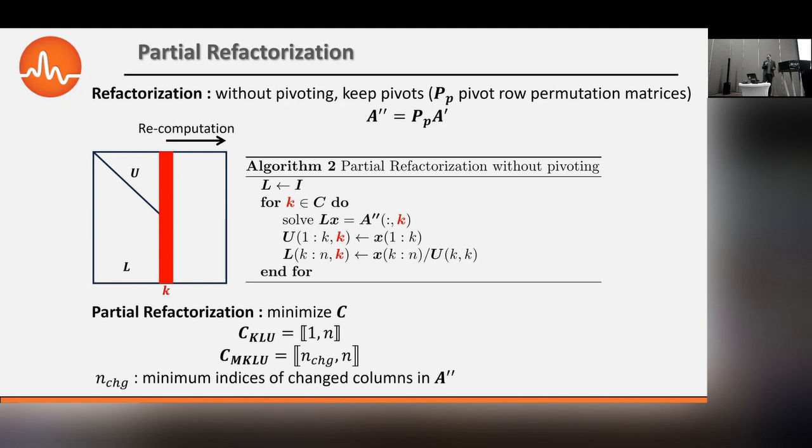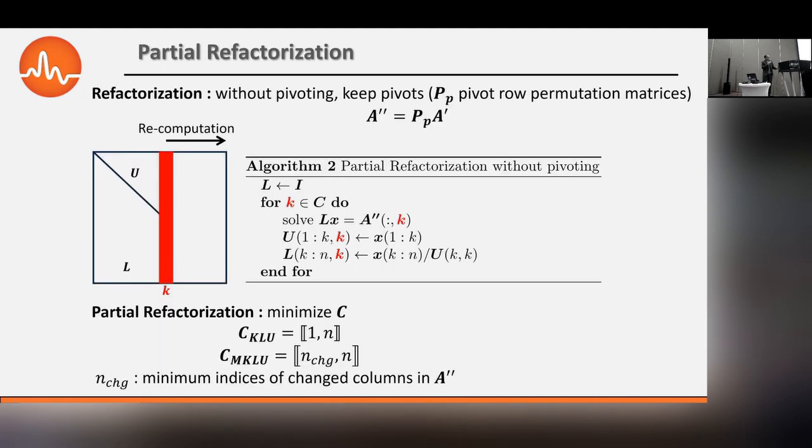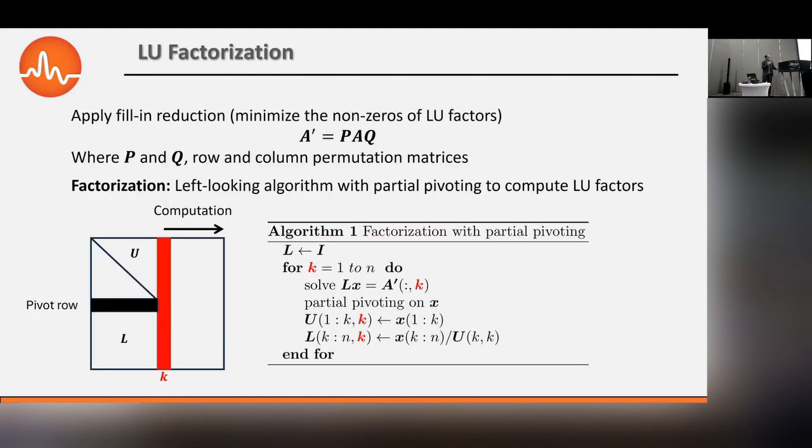When A is updated, you have to do a refactorization. Here you have another element, the pivot. When you select the pivot, you do some permutation. You have to select the pivot here, and this takes time. But when you do refactorization, you can admit that this step is not necessary, and you don't have to redo the permutation.